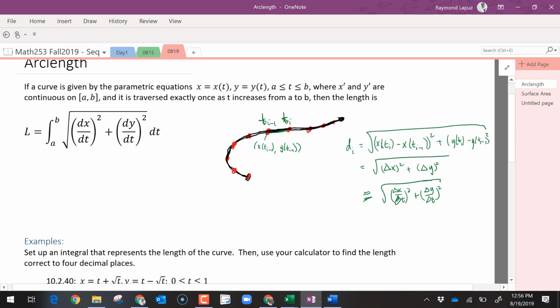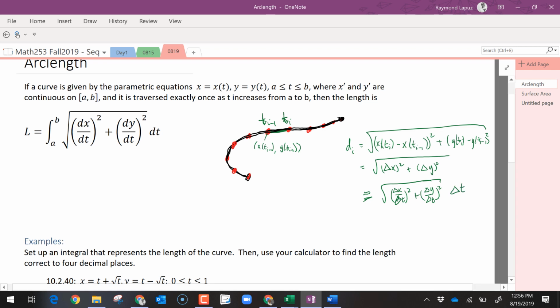And we can't just divide by delta t, right? We have to multiply and divide by the same thing. So inside of the square root, we're actually dividing by delta t squared, right? And so delta t squared, if we take that outside of the square root, it just becomes delta t. So that's the delta t that comes out.